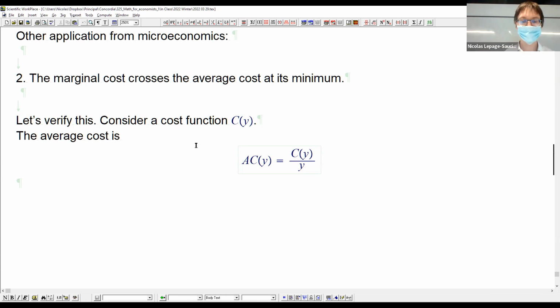So I'm just going to remind you what cost curves look like. dC/dy, what is this? Yes, that's the marginal cost.